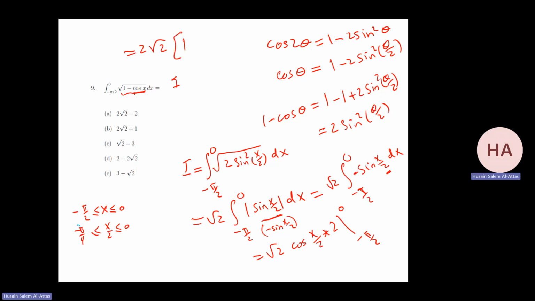Cosine 0, which is 1, minus cosine minus pi over 4, which is square root of 2 over 2. And that gives me 2 square root of 2 minus 2. And that's the answer. So this is the trick, and the rest is just calculation.